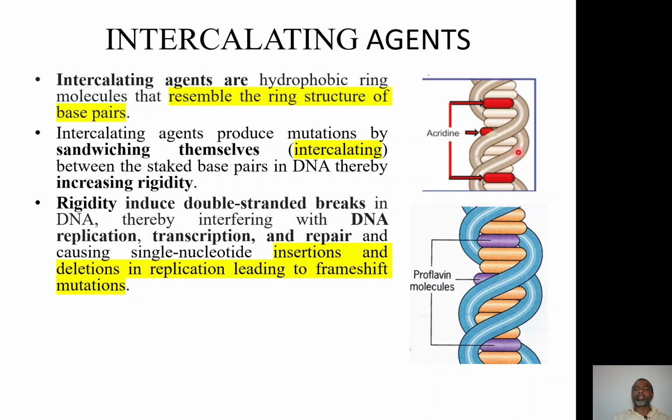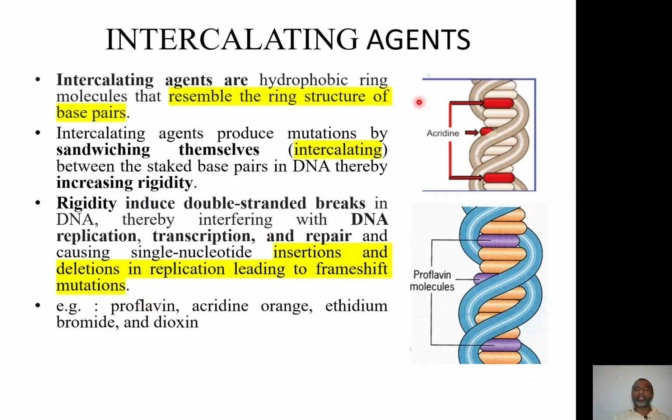As a result, because of the rigidity and the break, some other base may get inserted at this place, or some base may get deleted from this portion at the time of replication. And once insertion and deletion of a base takes place in the DNA, it will change the whole frame of the DNA. As a result, it will lead to the frame shift mutation.